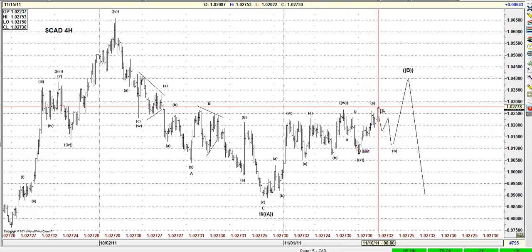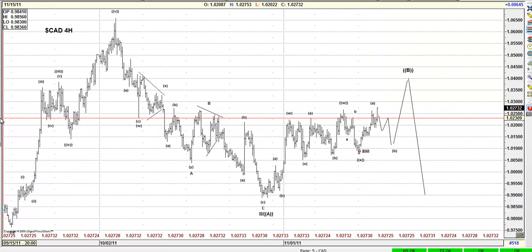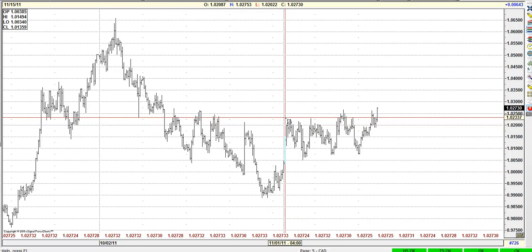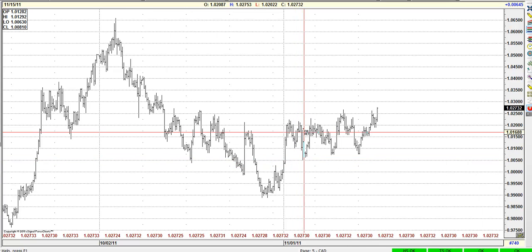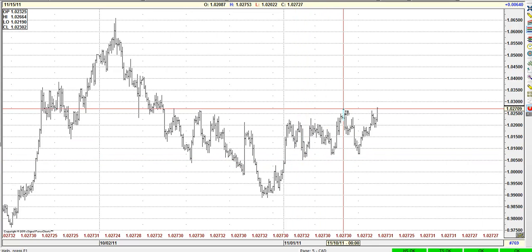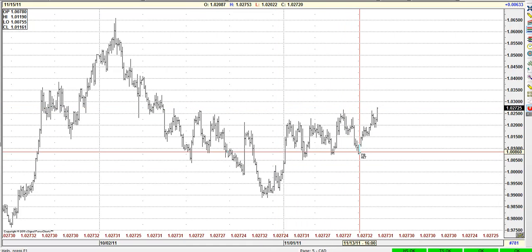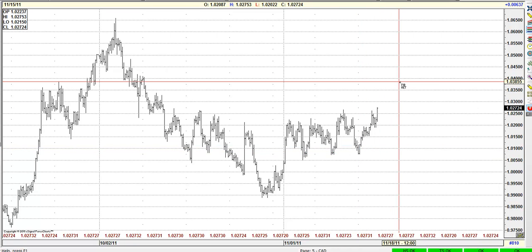10, 11 swing. Now, there are two ways to look at the dollar CAD. Let me explain it to you. First way, ABC, this is W, S, and then here you can make the case for 1, 2, 3, 4, 5. And then if this is A, which is the same here, you got a B, and then you need 5 waves to the outside.